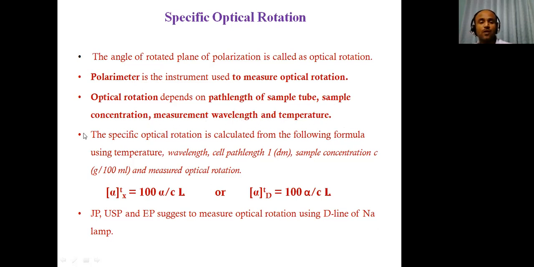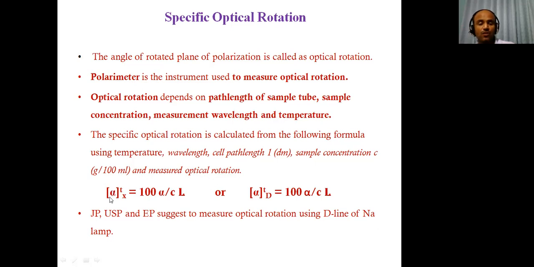So the specific optical rotation is used to compare the optical rotation power of different substances. It is calculated from the following formula using temperature, wavelength, cell path that is 1 decimeter, sample concentration that is grams per 100 ml, and measured optical rotation.